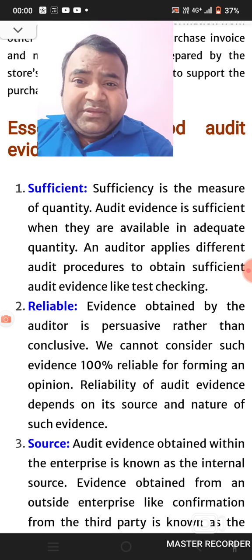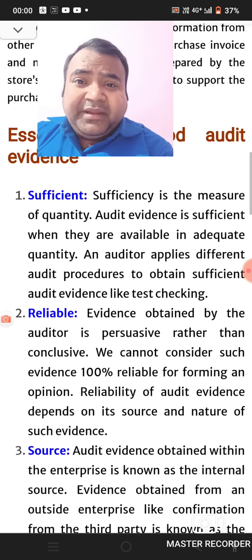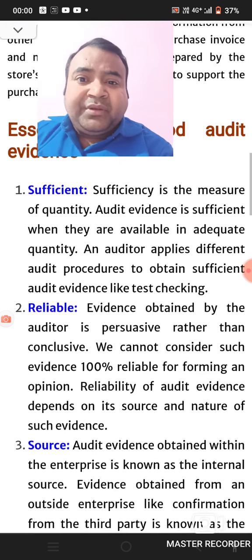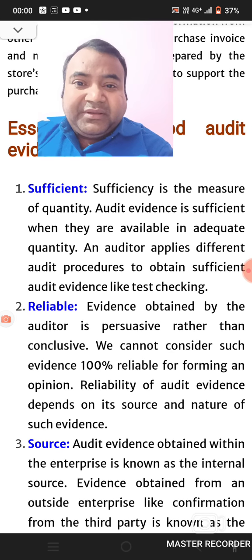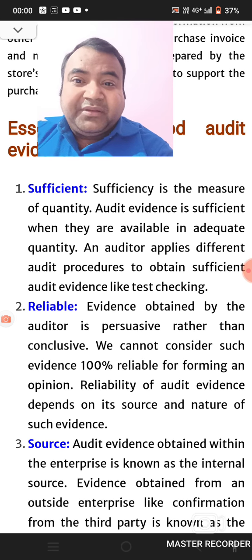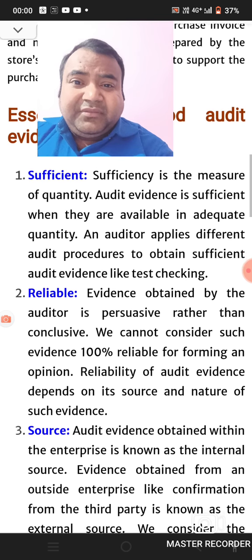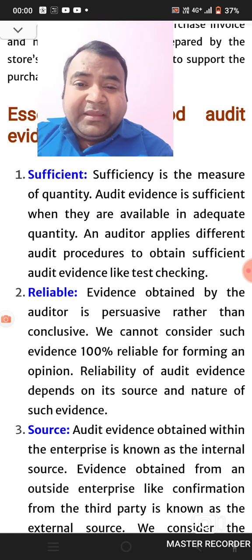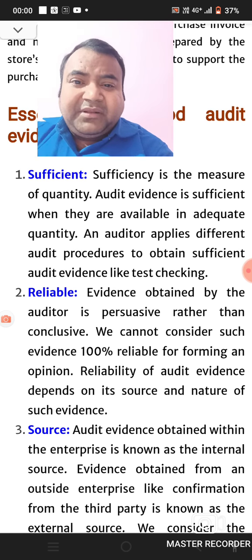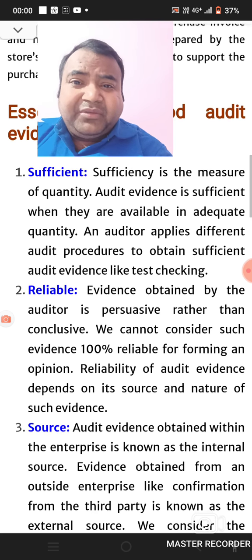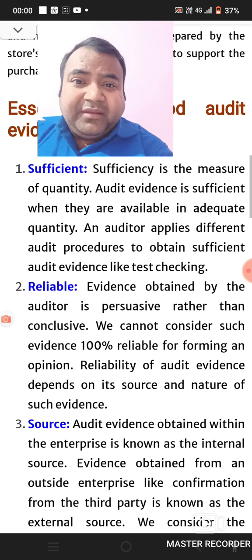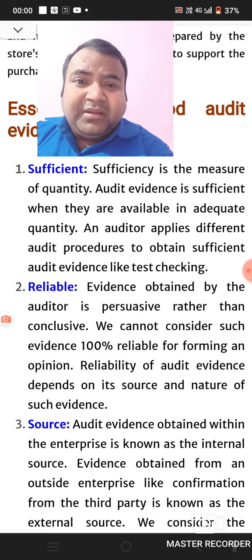Sufficiency means if one or two days of data is available, it is not enough. If one month of data is available, it is more than enough. If more and more data is available for those particular mistakes, then it will be more reliable.